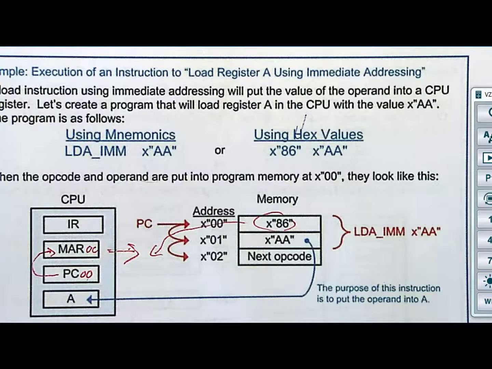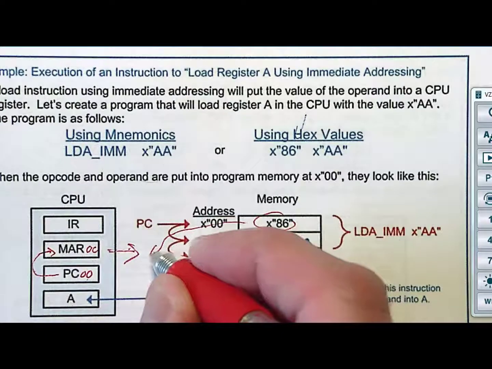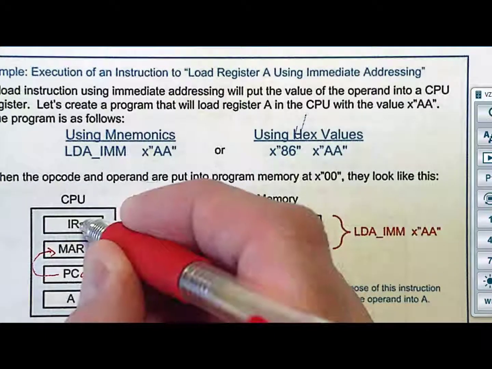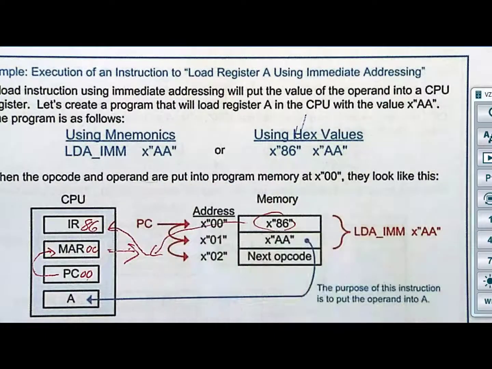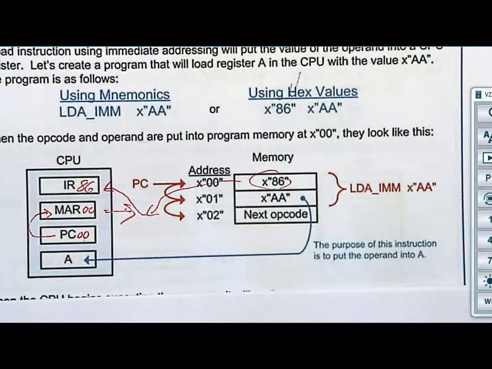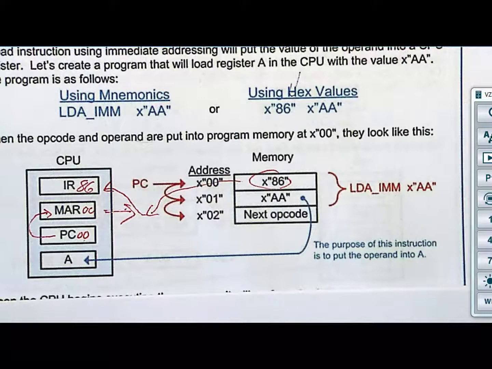We need to store it somewhere. So let's stuff it in the instruction register. So 86 is going to go into the instruction register. And now here's something new. When we retrieve the opcode and put it in the instruction register, you know what else we do simultaneously? We increment the program counter.